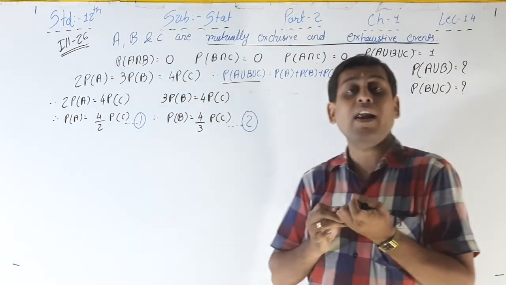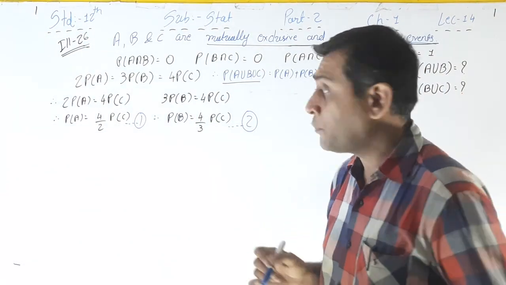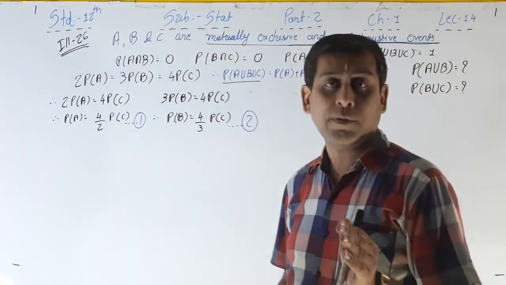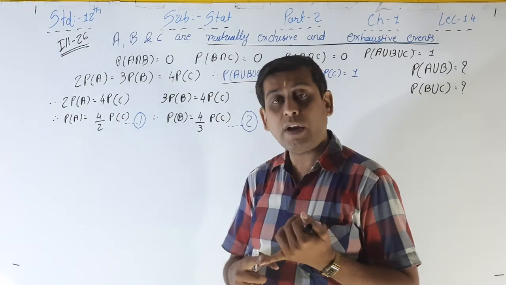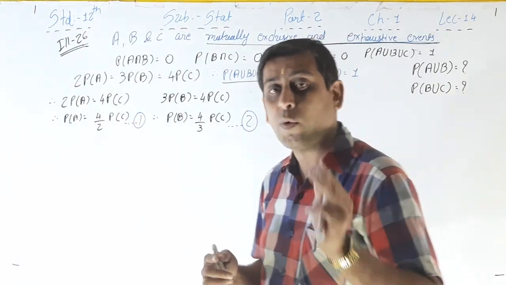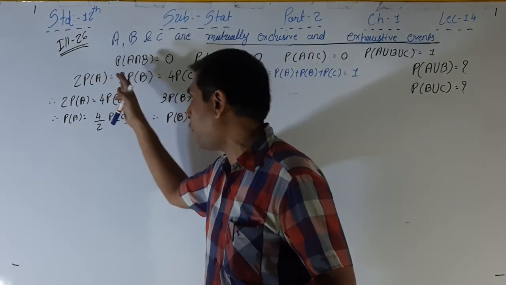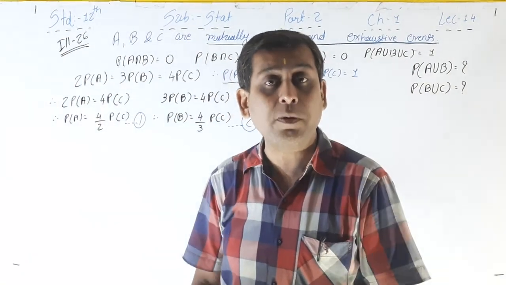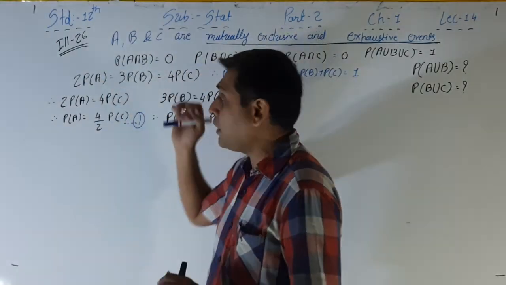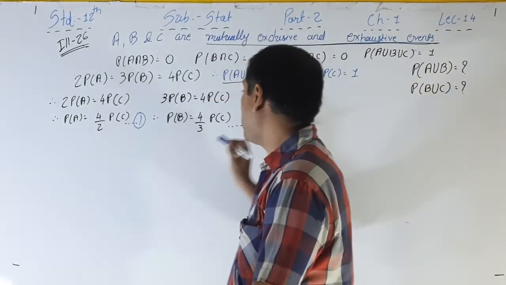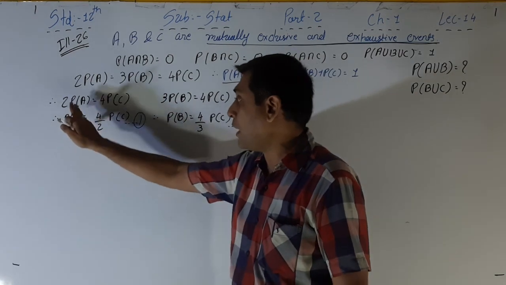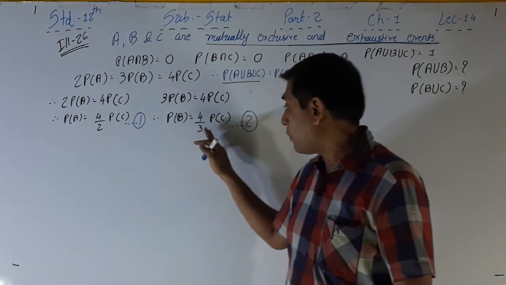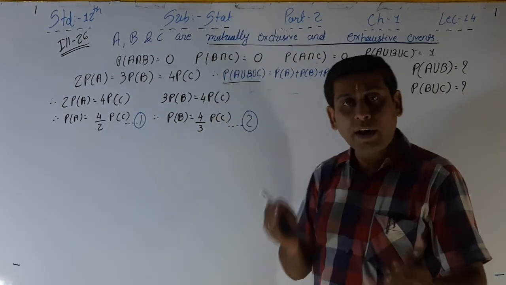We don't have the values of P of A, P of B and P of C, only the relation between these three events is given: 2 P of A is equal to 3 P of B is equal to 4 P of C. It is just a relationship between three events given in the question. On the basis of that, we have to first convert that. See, P of A is equal to 4 by 2 P of C, P of B is equal to 4 by 3 P of C, and P of C is already there, right?